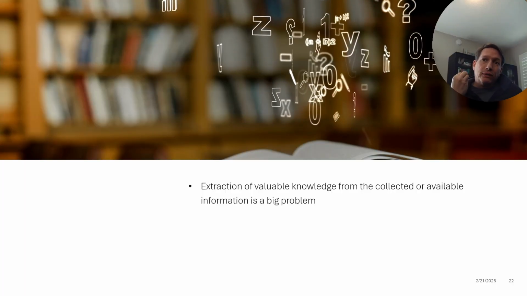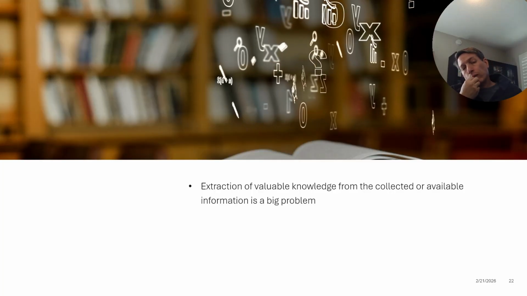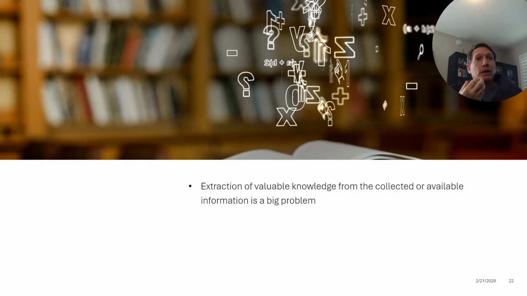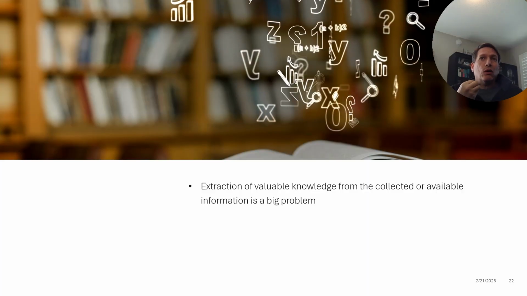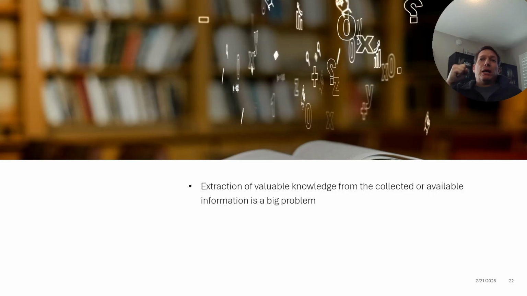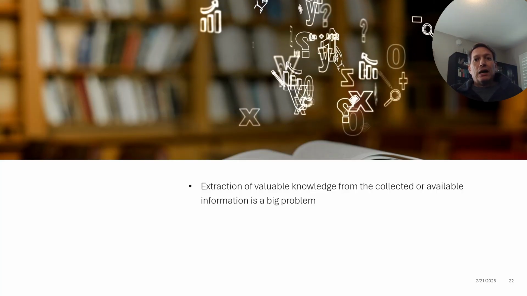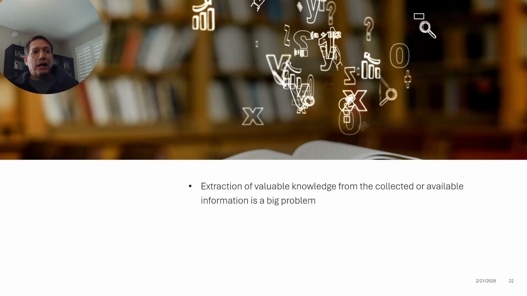Then extraction of that valuable knowledge from the data is still a big problem, and that's what we try to solve. How do we really bring out the really important thing that we want to see, and how do we highlight those things?